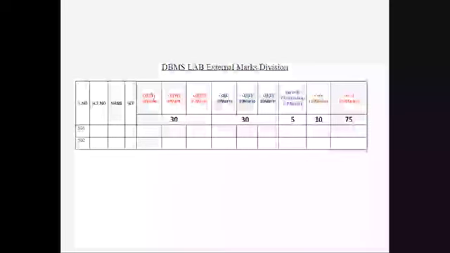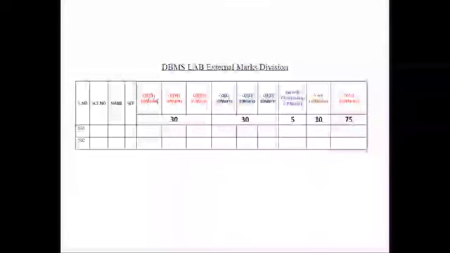For question number 1, you will get 10 marks for written. Question number 2, written 10 marks. Question number 3, written 10 marks. If you write these 3 questions, the faculty member may ask you to execute them.